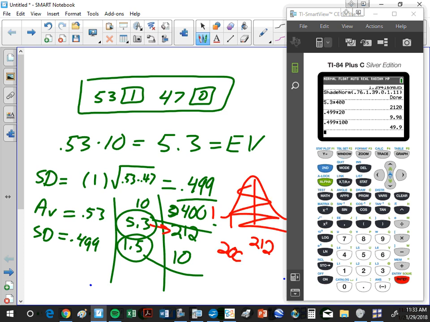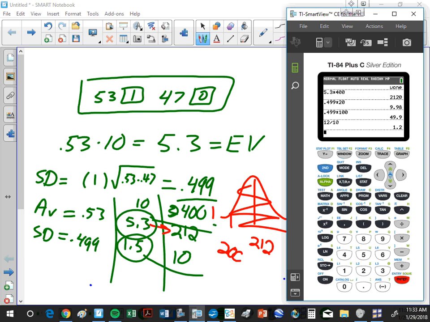How far are we from the expected value? 12. In terms of the SE, that would be 12 divided by 9.98. We're just going to say 10. That's 1.2. What does that mean? Oh, yeah, it should actually be negative 1.2. Well, how do I know it's negative?